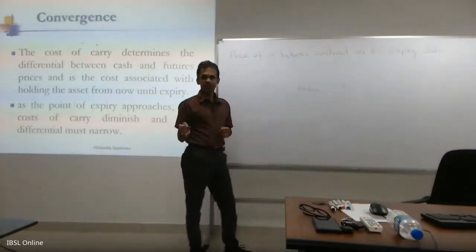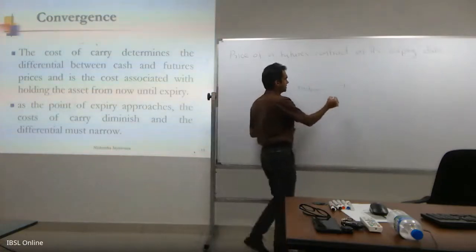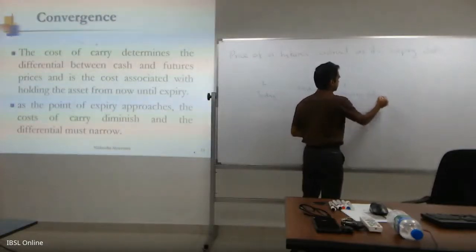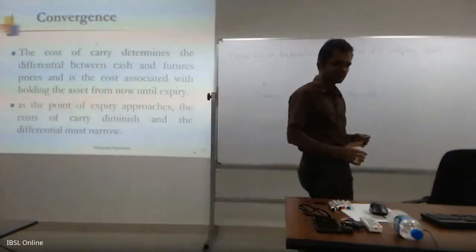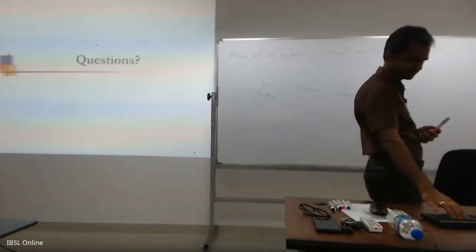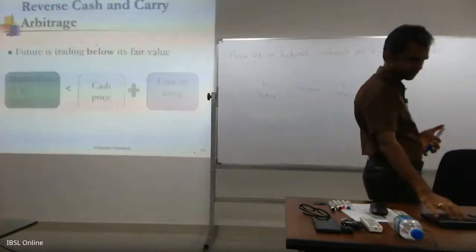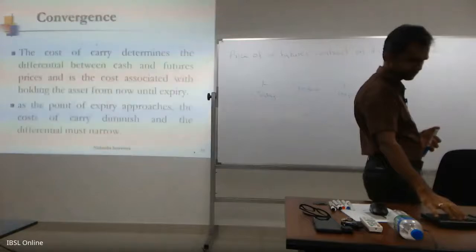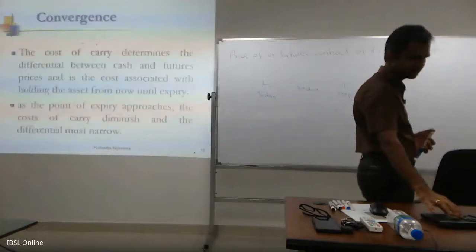Assume a 30-day futures. This is today. This is the expiry date. Whatever the price that you calculated earlier, $110.50.